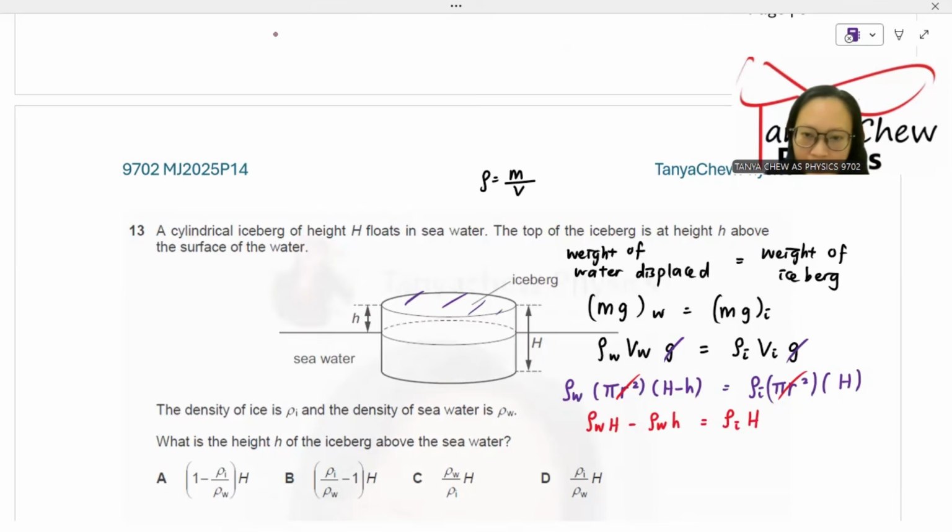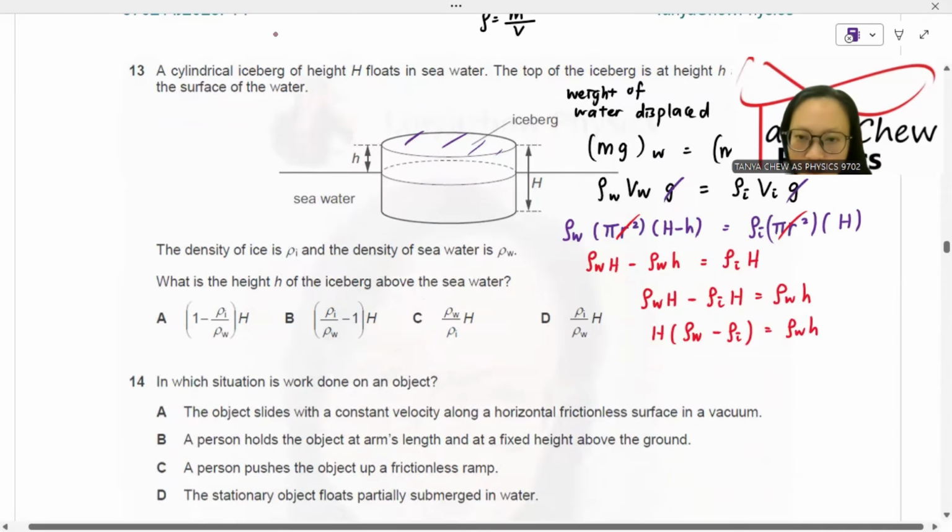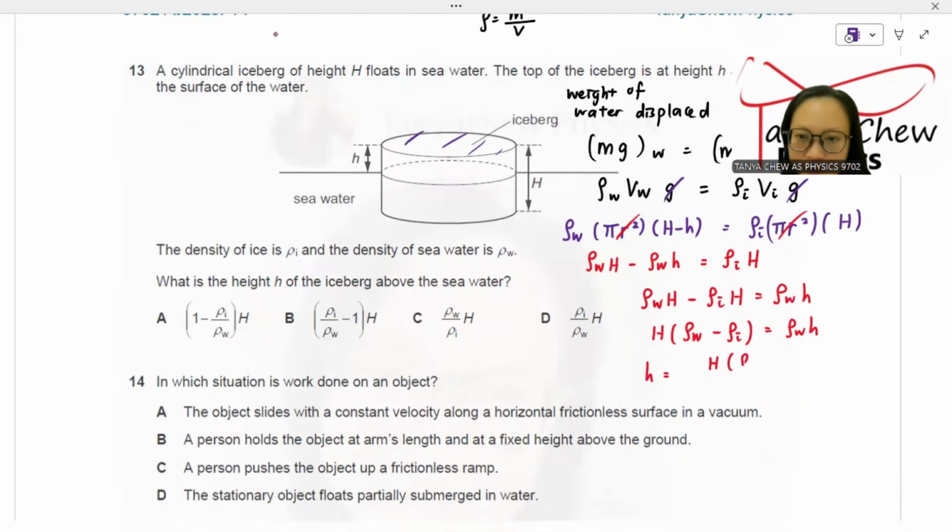And then I put density of the water H minus density of the ice H is equal to density of the water times h. Factorize out the H, I have density of the water minus density of the ice equal to density of the water h. I'm supposed to find the small h. So h is equal to H times density of water minus density of ice over density of the water.